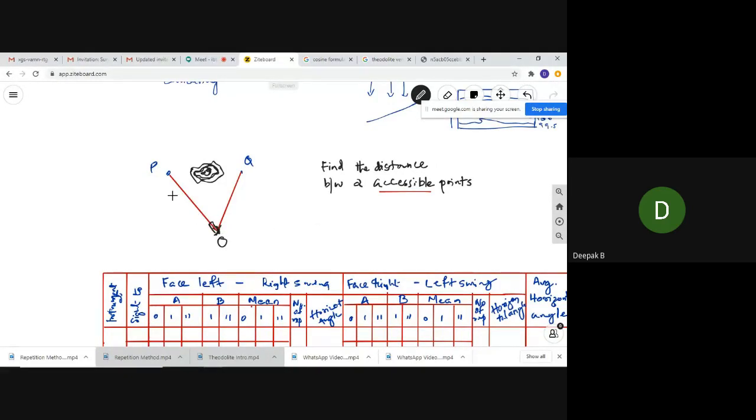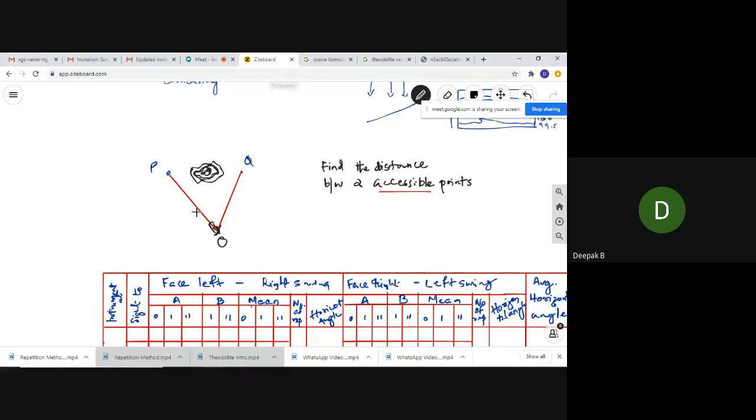And you will view the point P from O. At first you will set this to 0 degree, 0 minute, 0 seconds. And then you will keep it in face left configuration and you will rotate it to the right. If you are keeping the face left configuration, you will always have to rotate it to the right side.